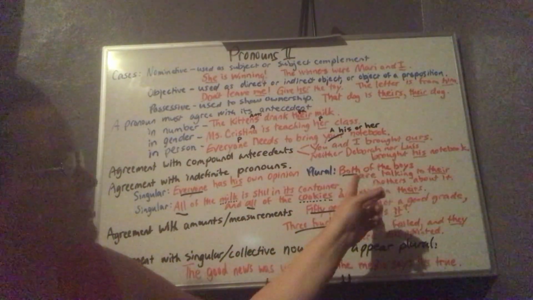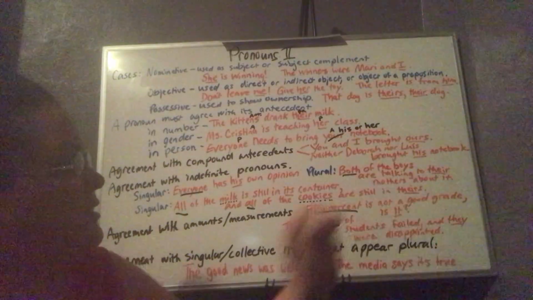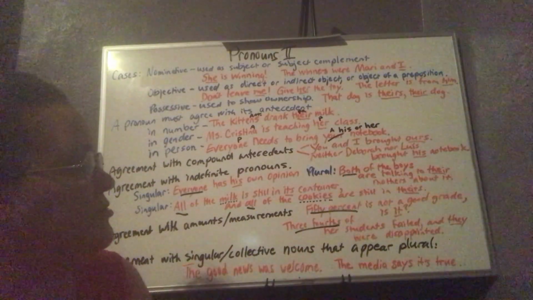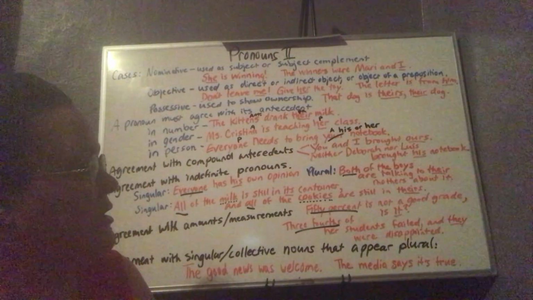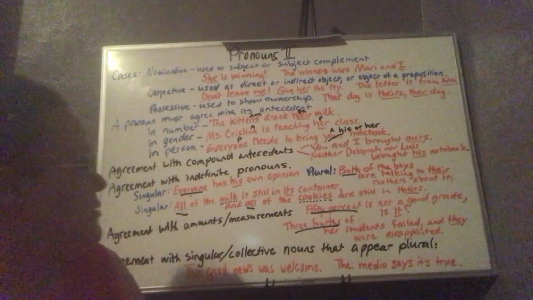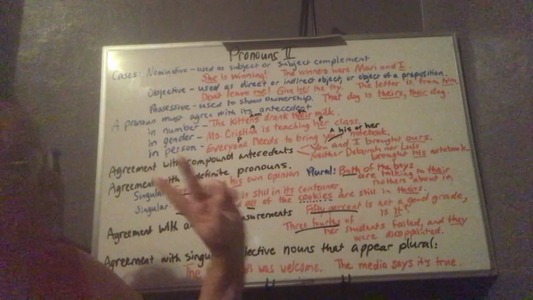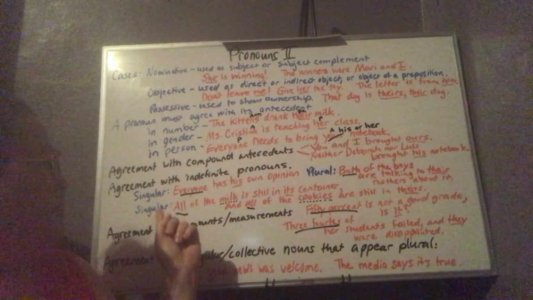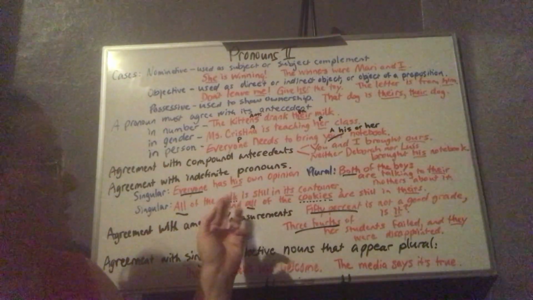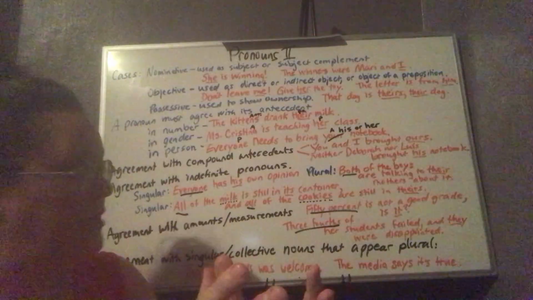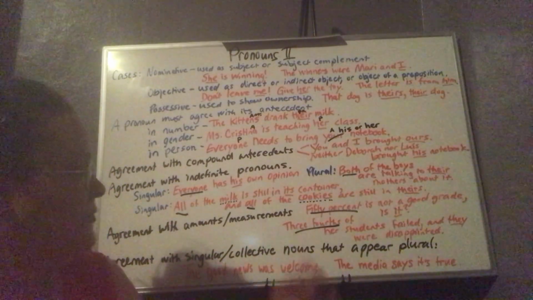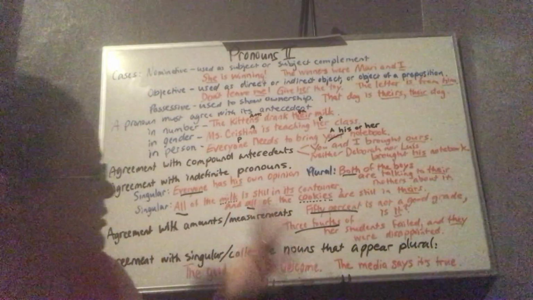Plural, both of the boys are talking to their mothers about it, so both is plural, and so it would be their mothers, not your mothers, not his mother, okay? So it's both plural, their plural. Singular, all of the milk is still in its container, so we have all of the milk, so that's a non-count noun, so it counts as singular.